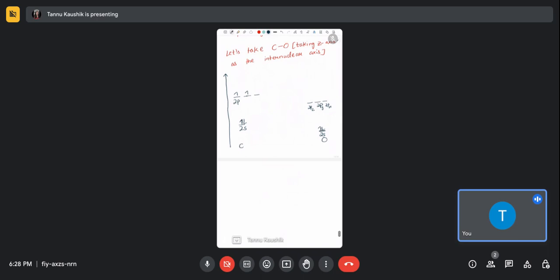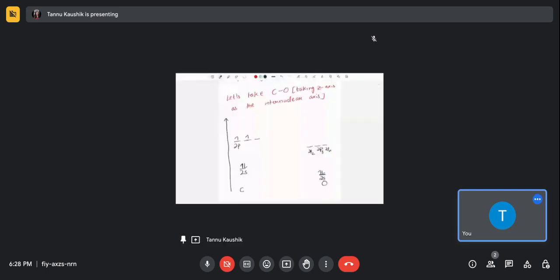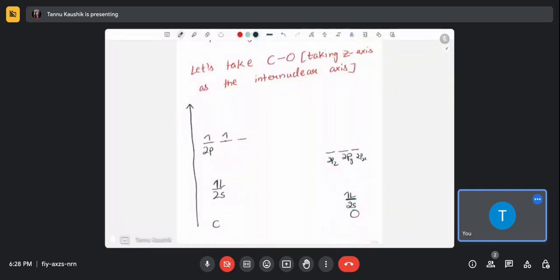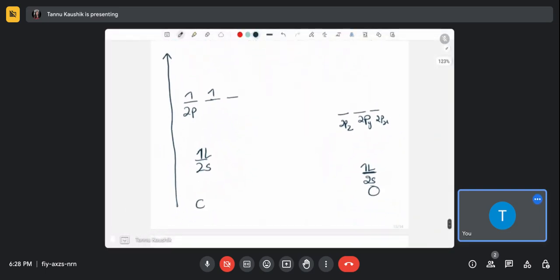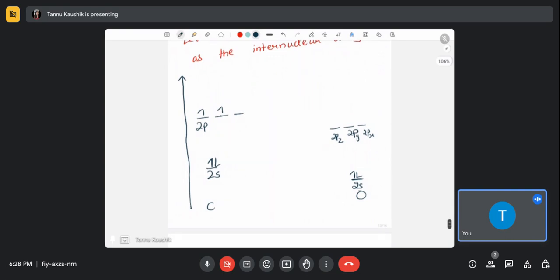So here we have one carbon atom and one oxygen atom. As we have discussed already, for boron, carbon and nitrogen, sp crossover will take place. So we will have a molecular orbital diagram like this.